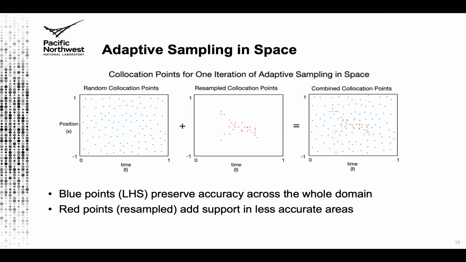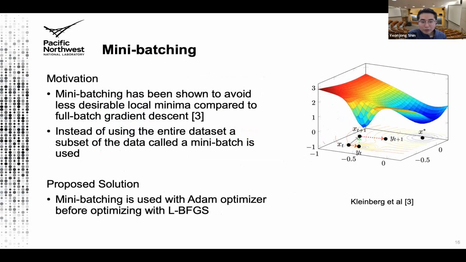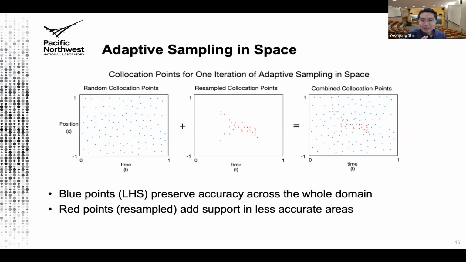Okay, thanks. Can I ask a follow-up question? This is Yan Jung from Brown. Have you considered removing the existing random collocation points and adding your resampled points?